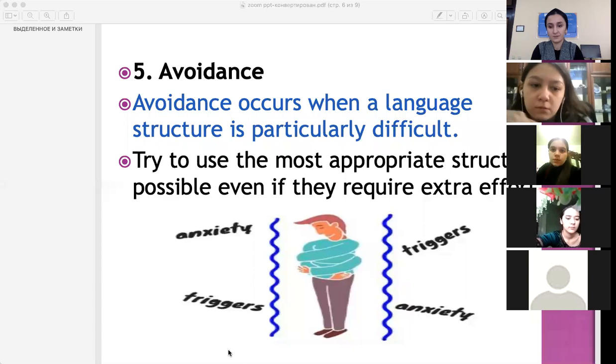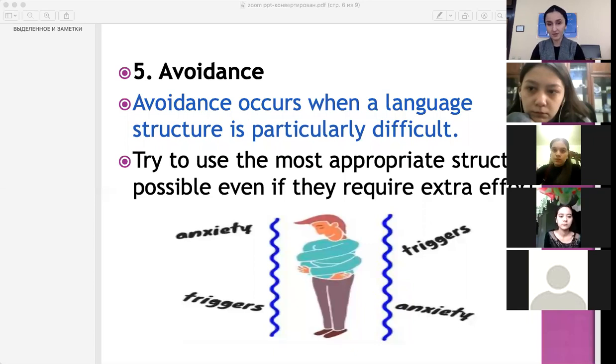Okay, so let me explain it in a few words. Imagine that you are elementary students in the language learning process, and after being taught present simple, you will have present perfect. Present perfect might be a little bit difficult for you. That's why you try to avoid it.